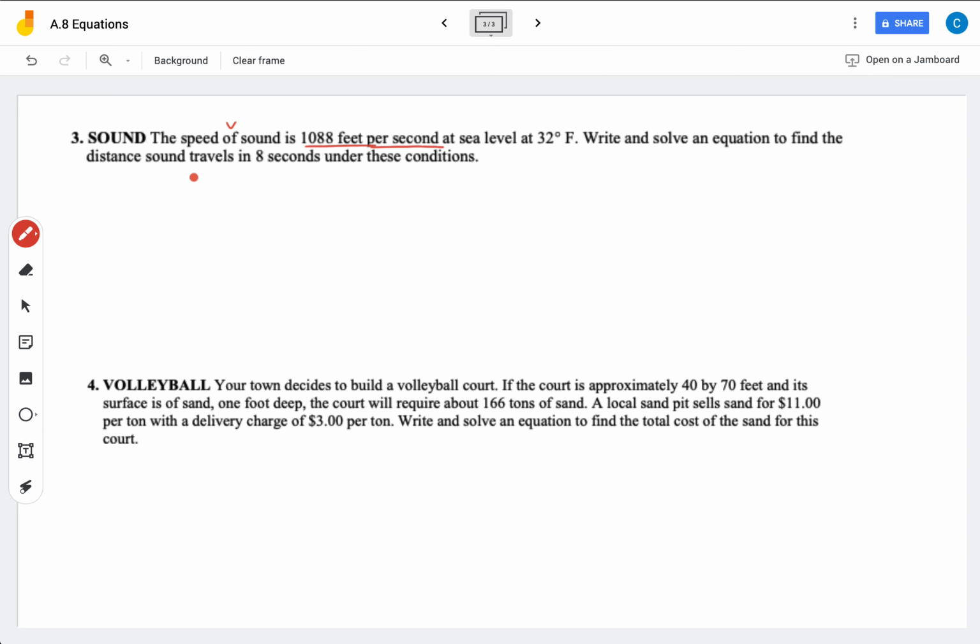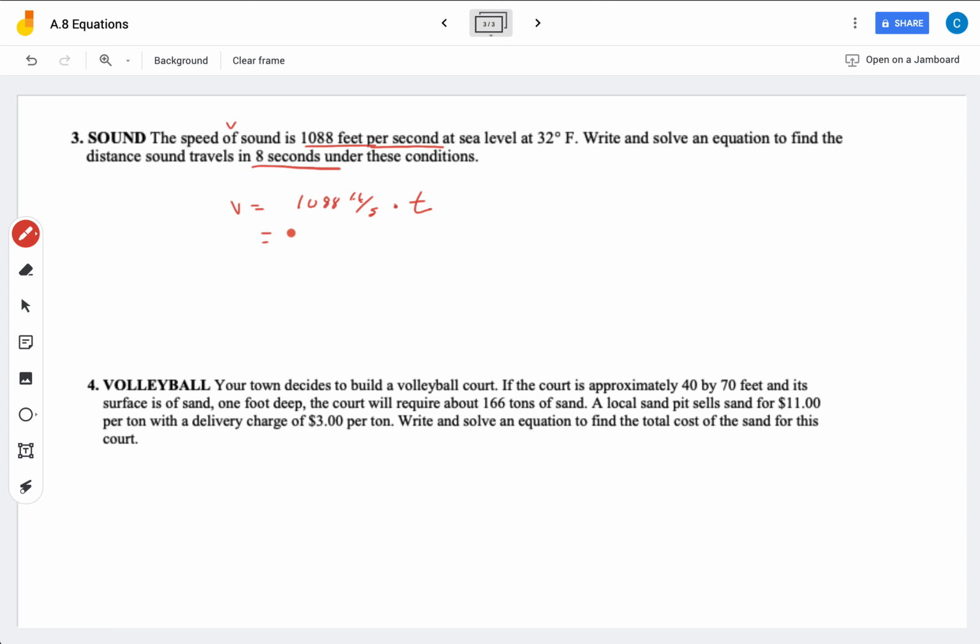Write an equation to find the distance in 8 seconds under these conditions. So I'm going to say V, the speed of sound, equals 1,088 feet per second times t, which is our time.